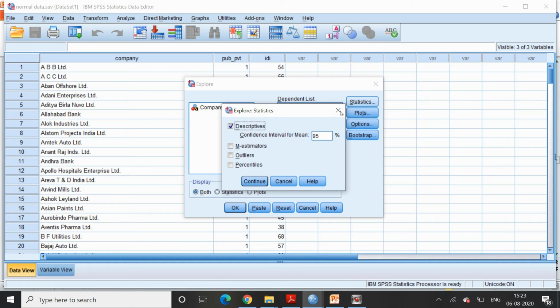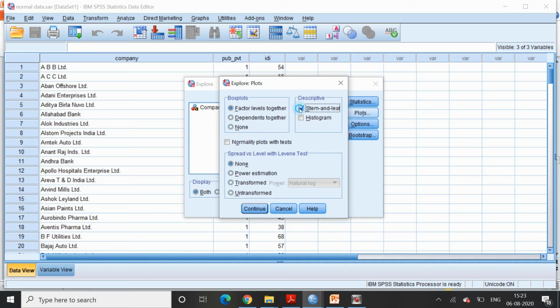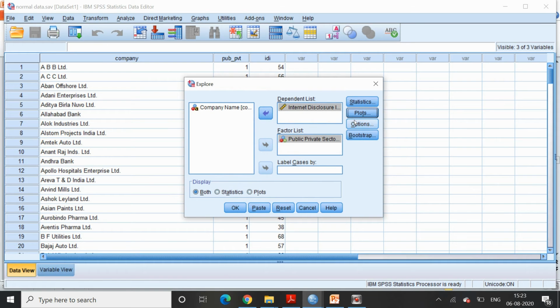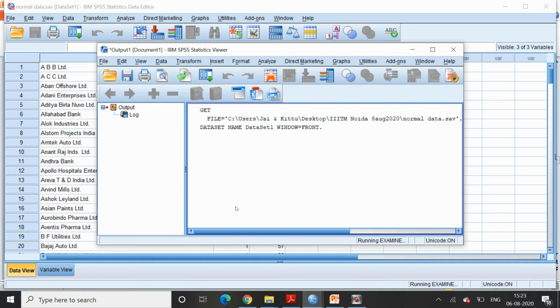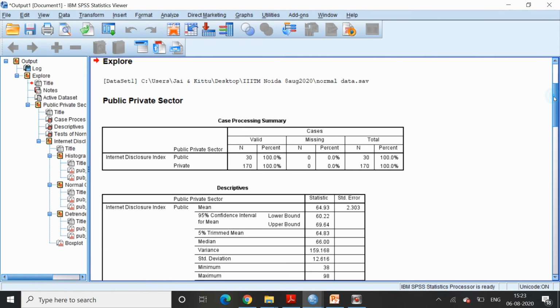So we will get the descriptives of the data. Then in Plots, we don't need stem and leaf; we need histograms and normality plots with tests. Once we click on this, we click OK, and here are the results.